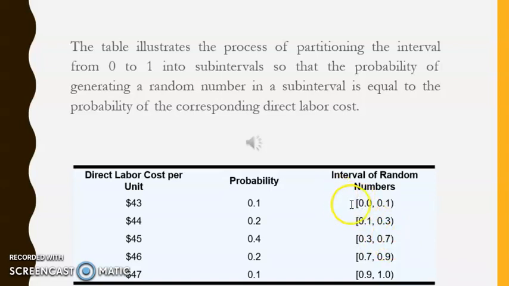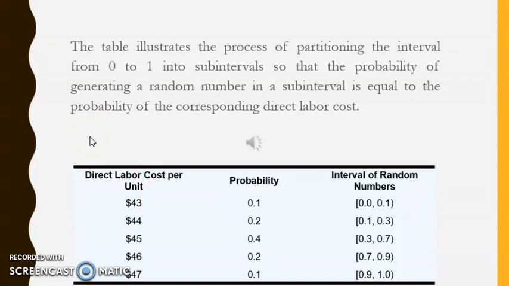But for 43 it is 0 to 0.1, the length is 0.1. So when you get the probabilities and you get the concept, it's very easy to create these intervals, because you know the range starts from 0. So you start very easily, like this that I'm doing here.